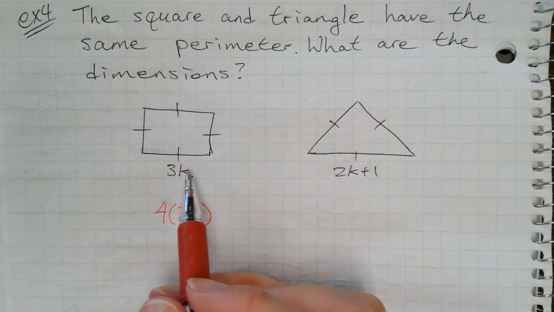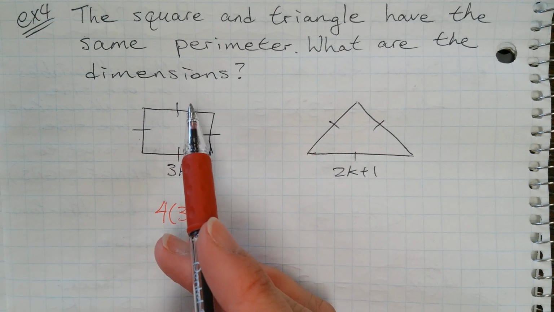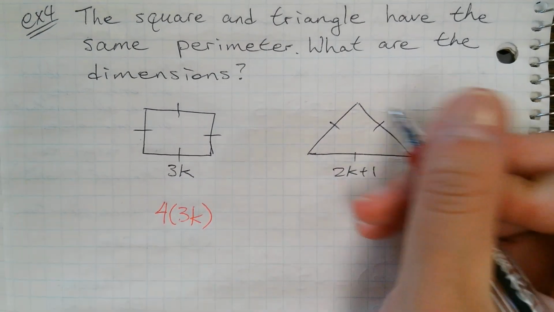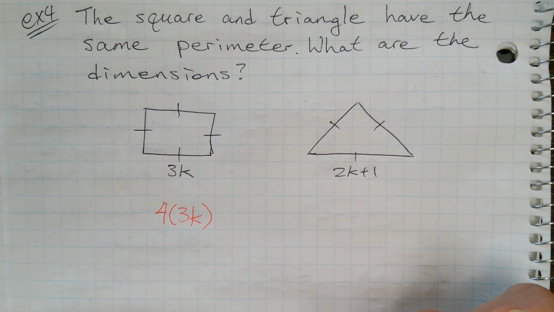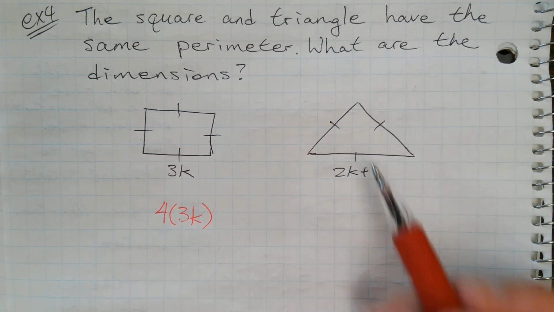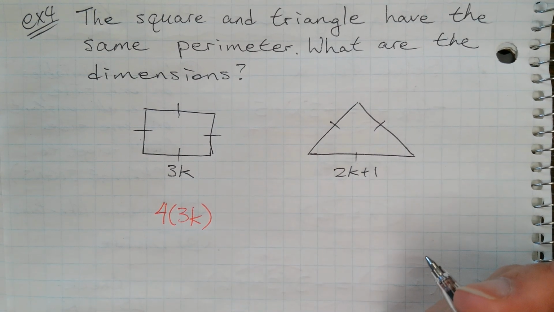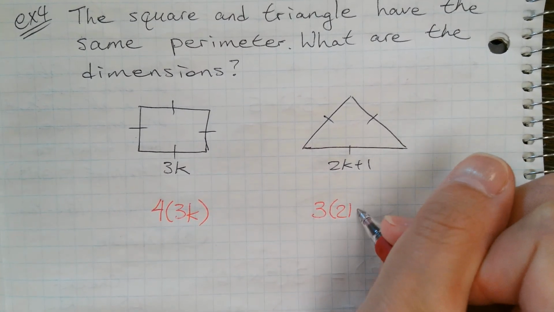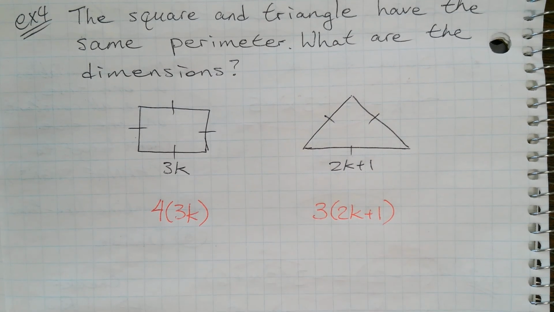Or simply I could do 3K plus 3K plus 3K plus 3K. Same thing. How do I find the perimeter of this equilateral triangle? It's an equilateral. Yeah, so 3 times each of the sides, which is 2K plus 1.